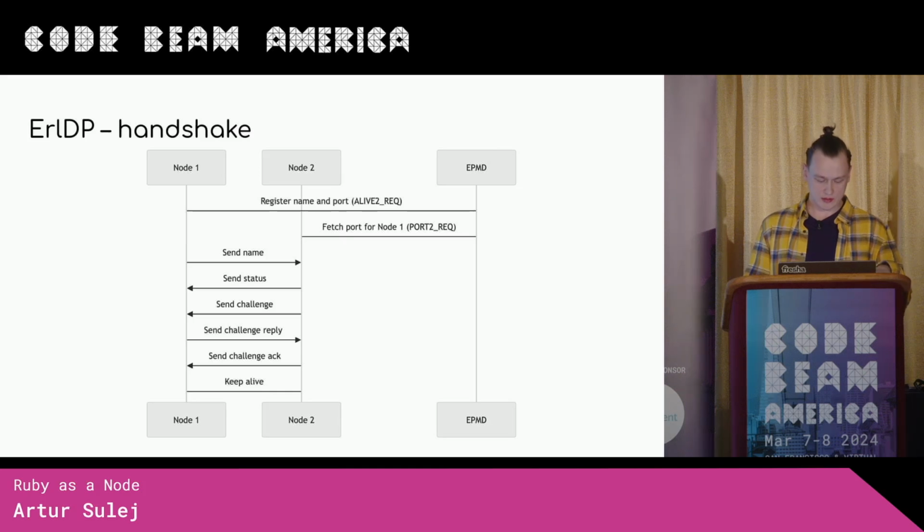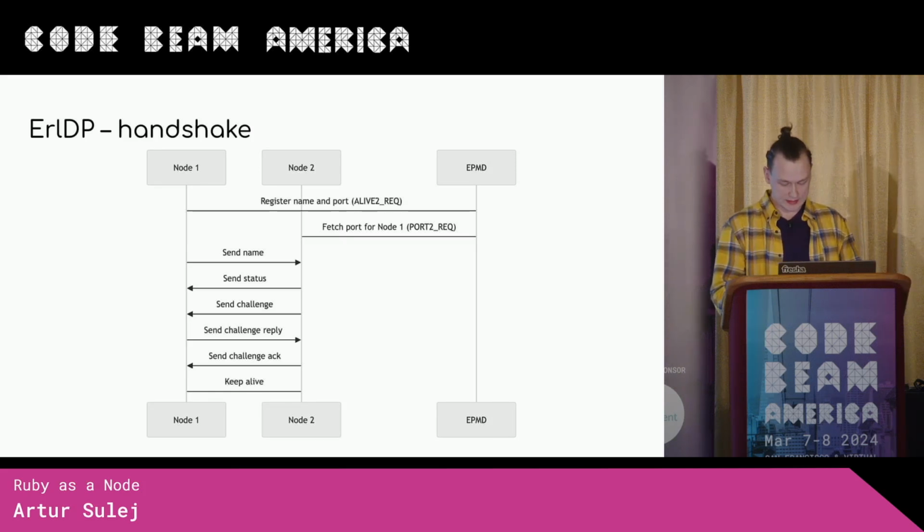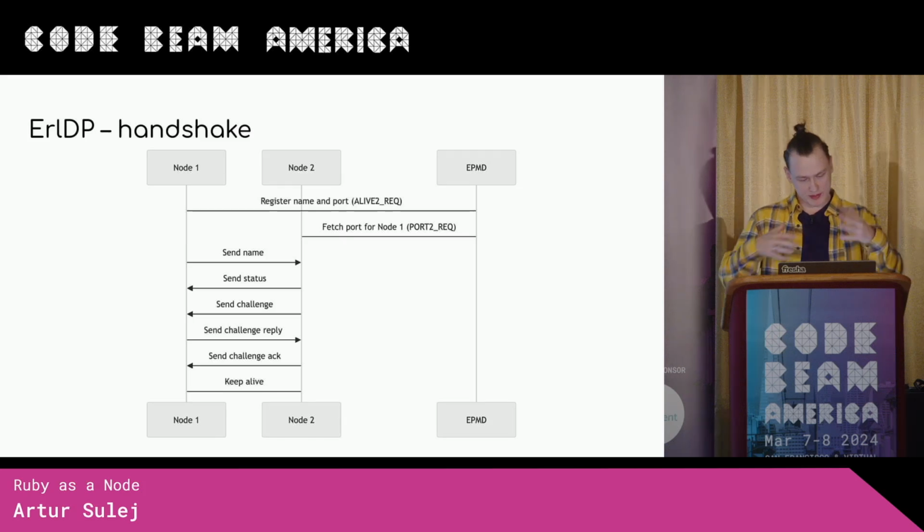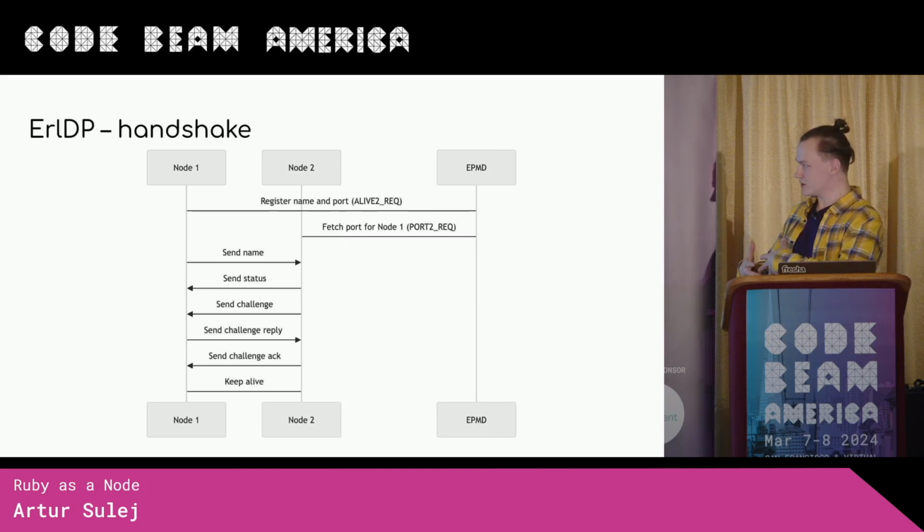Once it gets it, it establishes a TCP connection to that port and sends a message to node 1 with its name. And basically the ping pong continues. They exchange challenges. The purpose of the challenge is basically authentication.